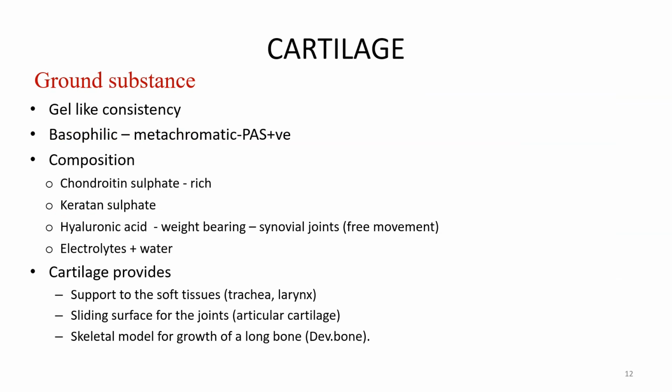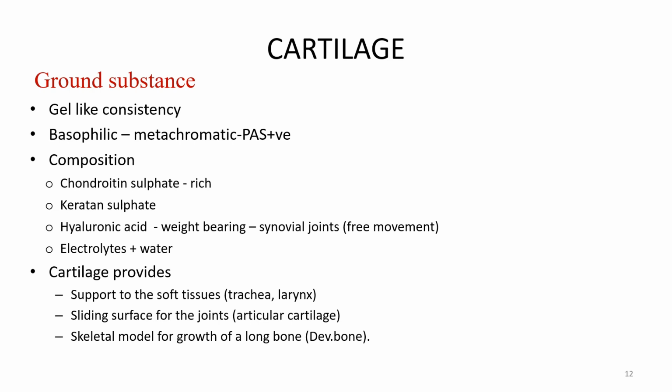Coming to the ground substance, it is gel-like in consistency and basophilic in staining, and it exhibits the property of metachromasia. It is PAS positive. The composition of ground substance is rich in chondroitin sulfate, keratan sulfate, hyaluronic acid, electrolytes and water.